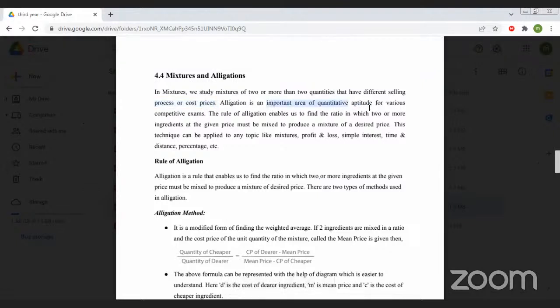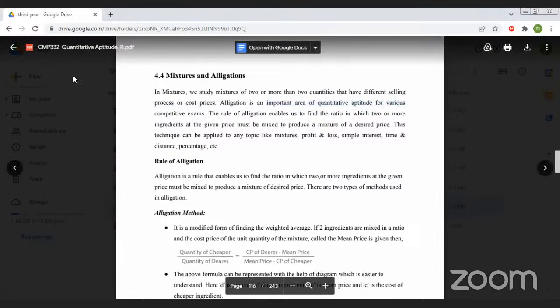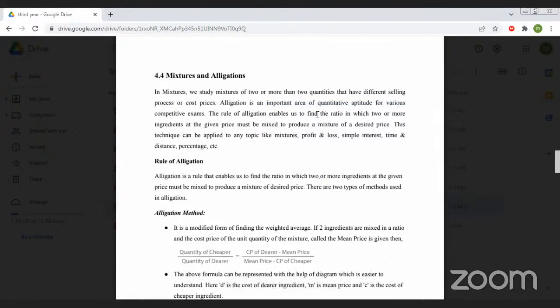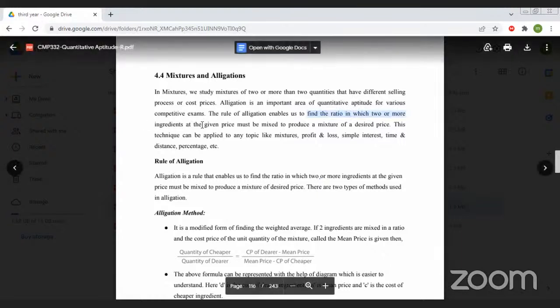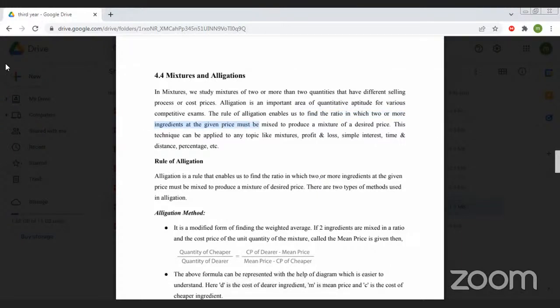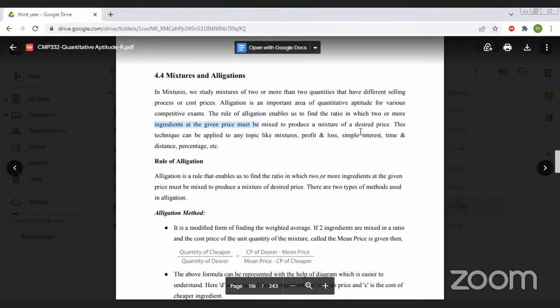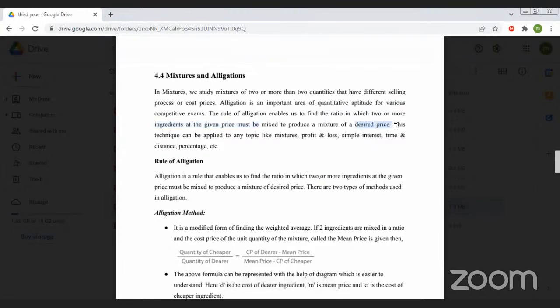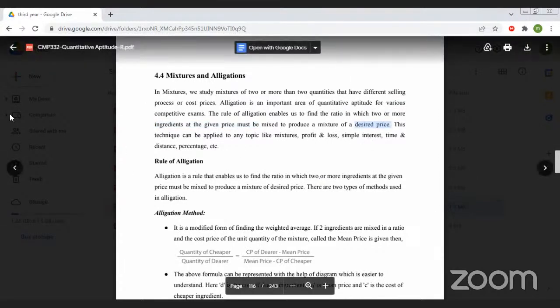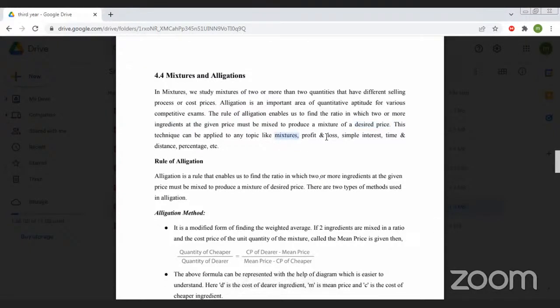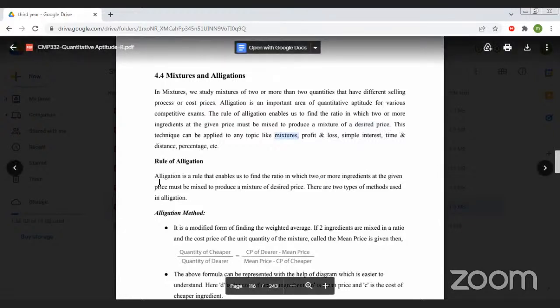Important area of quantitative aptitude for various competitive exams. A rule of allegation enables us to find the ratio in which two or more ingredients at a given price must be mixed to produce a mixture of a desired price. Now, where do we use this topic? In mixtures, profit and loss, simple interest, time and distance, and percentage.